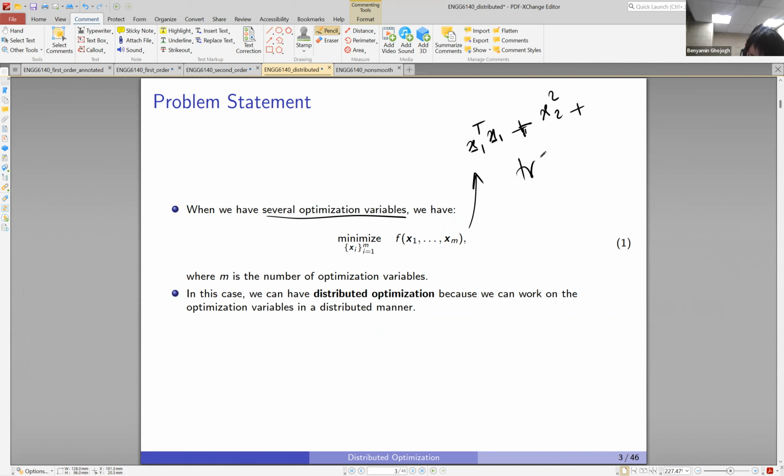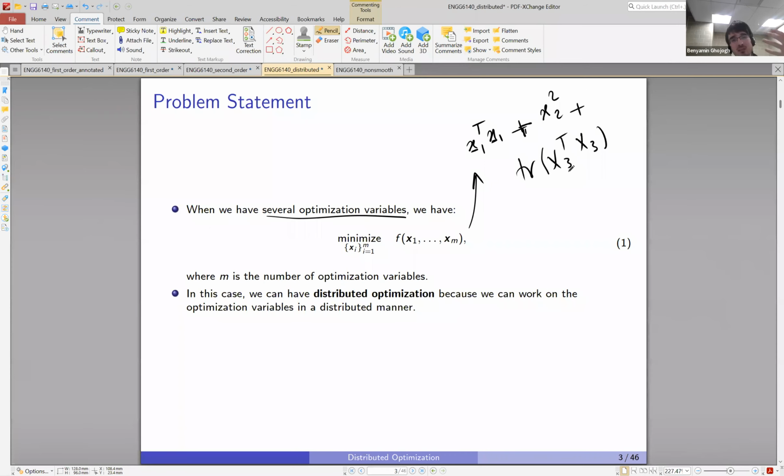Maybe let x3 be a vector. So we have three variables, x1, x2, x3, with different dimensionalities, but we can sum them, because this is a scalar, this is a scalar, this is a scalar. So that's what I'm saying there.